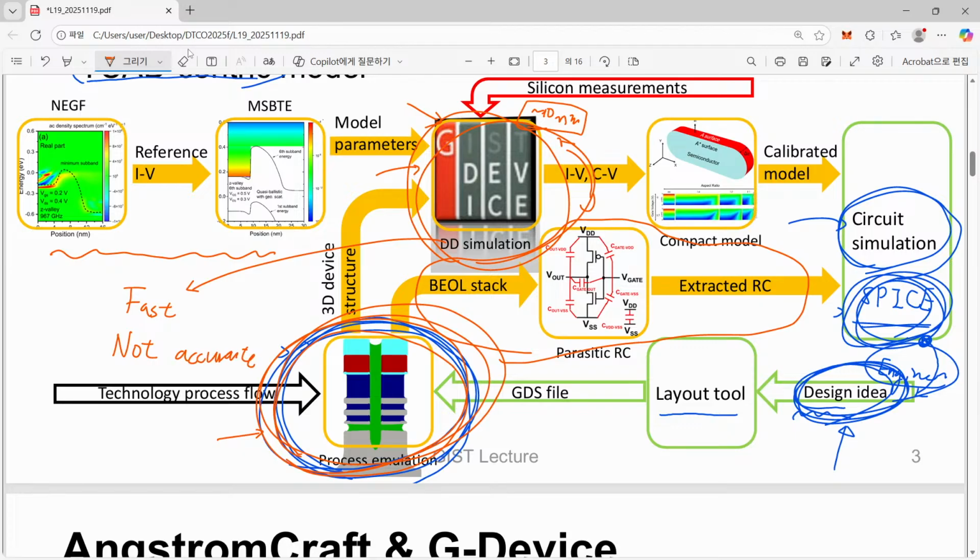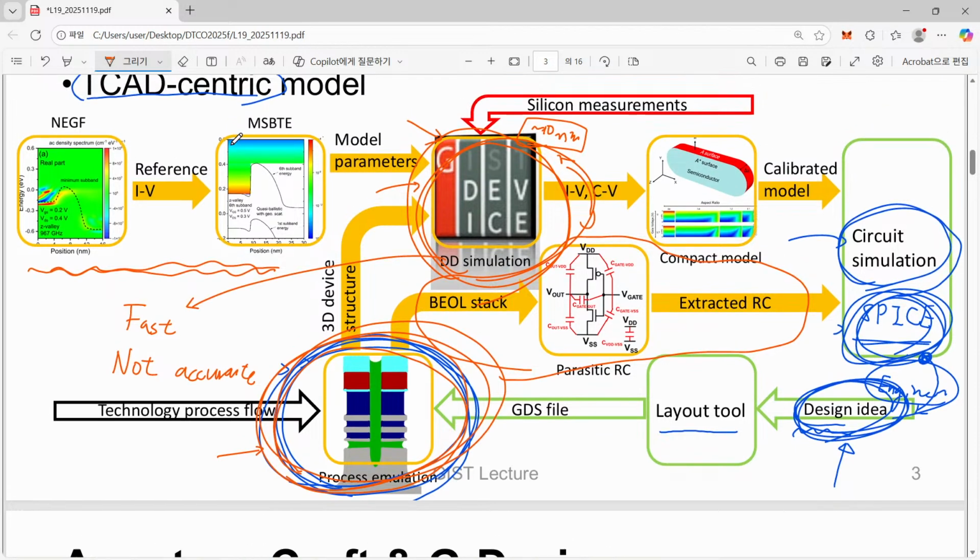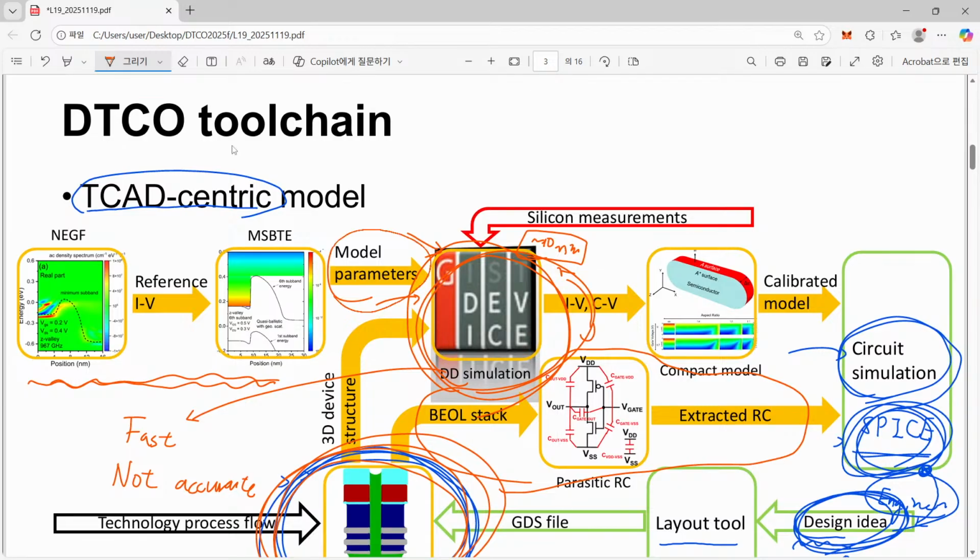However, compared with these calibrating tools, it's much faster. So that's the reason why we are using this tool every day. So advanced transport solvers are being used as calibration tools. Once calibrated, as shown here, then we just make extensive use of this tool.